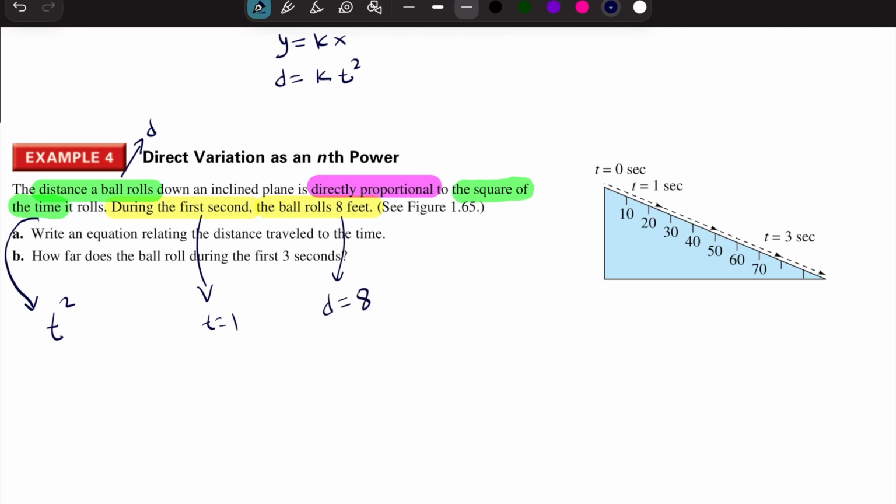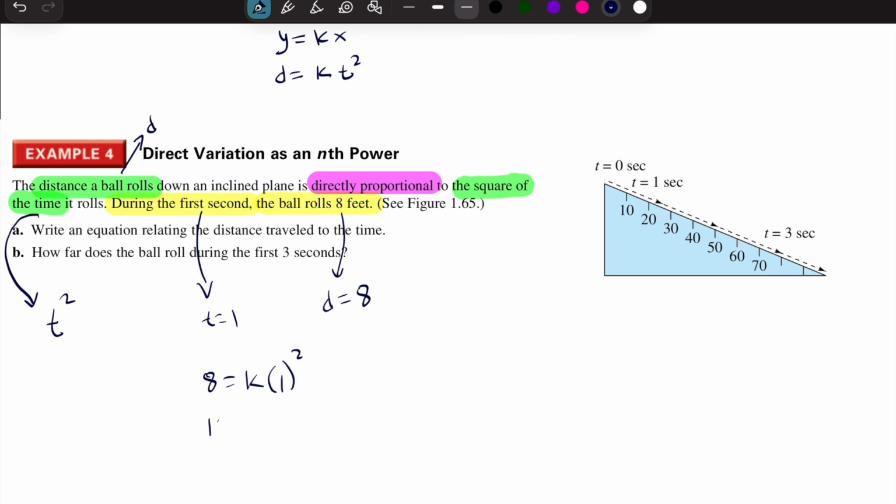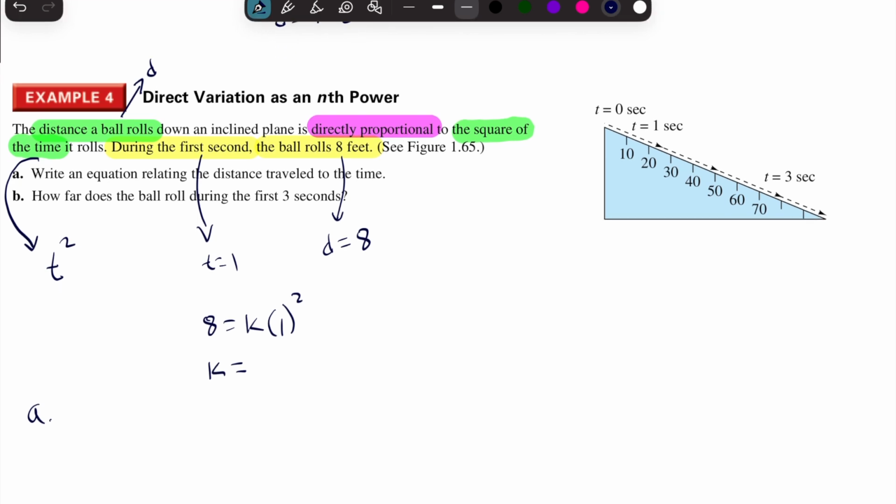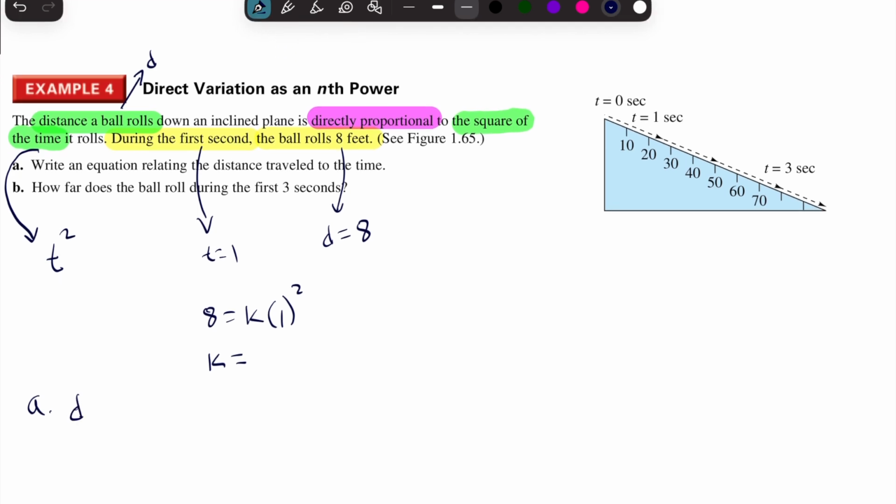And so I'm just going to plug those values in for d and t. So 8 equals k times 1 squared. And we'll just go ahead and solve for k. Well, 1 squared is still 1, so we get k as 8. And now for part A, we're going to write an equation relating distance to traveled time. So this is our actual model. So this is just going to be d equals 8t squared.